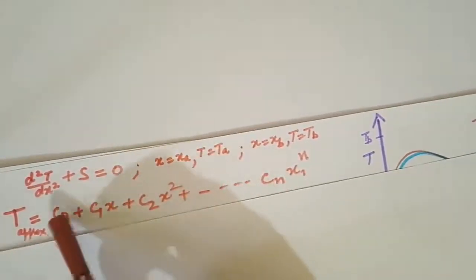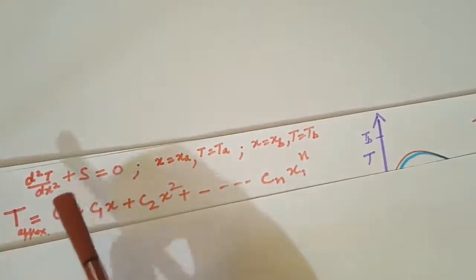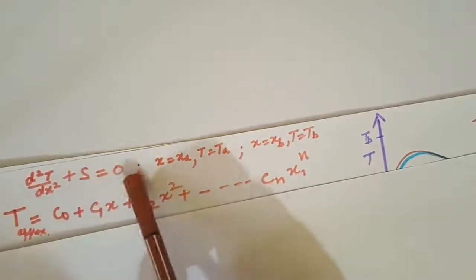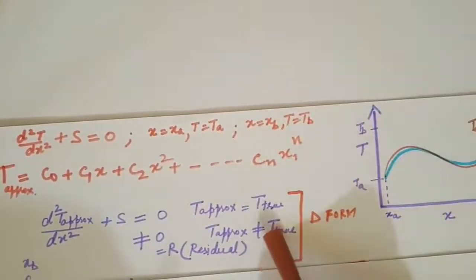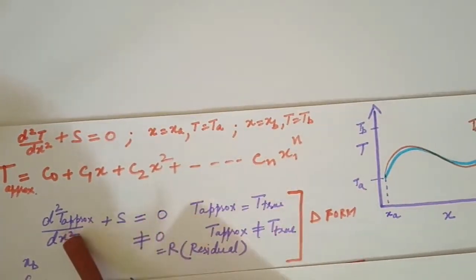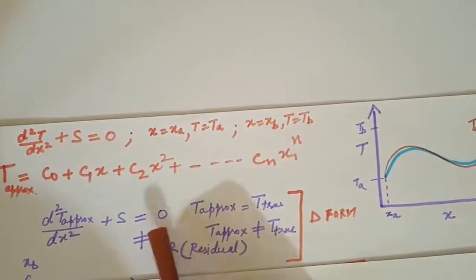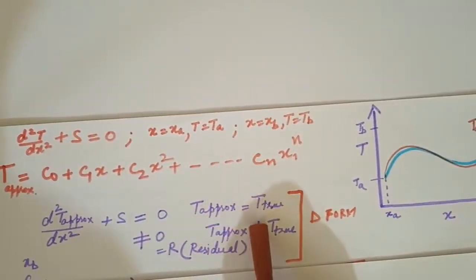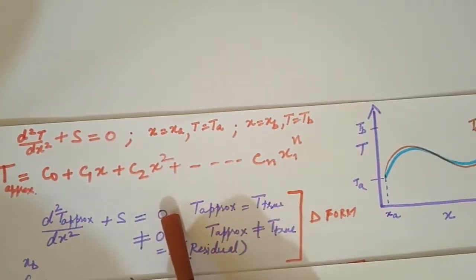This approximating function was used to find out a numerical solution to this given differential equation through three routes. If you remember, the first one was direct implementation through D form, that is the differential form. In that case, we simply put the value of T approximate in this differential equation, and if this is indeed equal to 0, that is the case when T approximate is essentially equal to T true, then this will be put equal to 0.